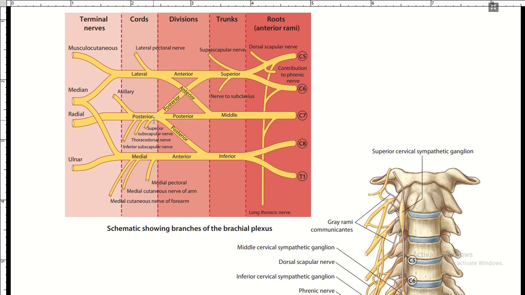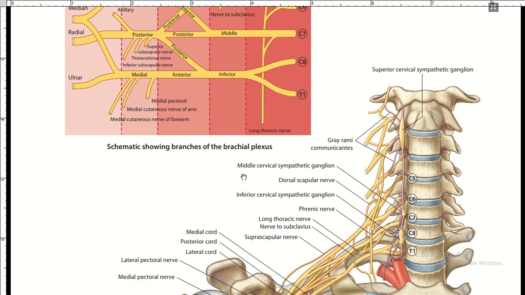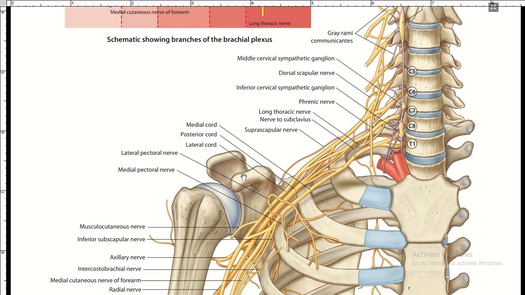Good. So what is important now is to know the branches of nerves that are given by each cord. Right. So in the axilla, we can actually see the plexus of nerves right here. It looks very complicated, right? Good.